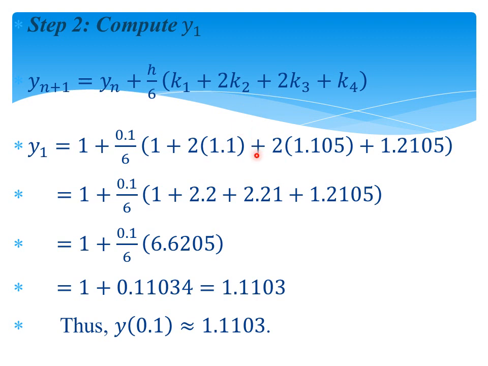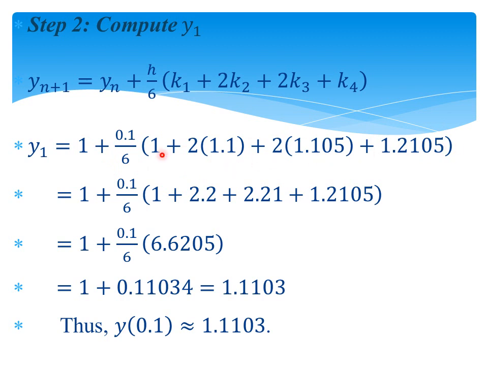Then plus sign, 2 is given in the formula, the value of k3, 1.105, plus sign, k4, 1.2105. Then we simplify.